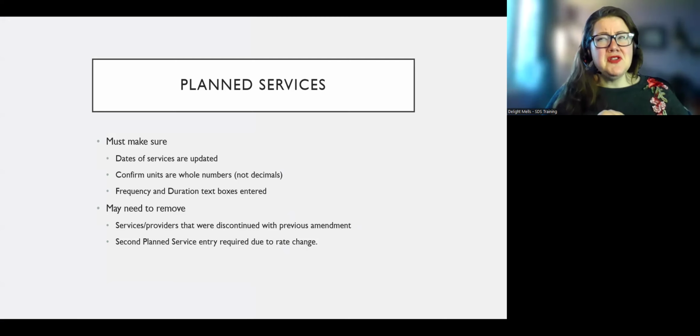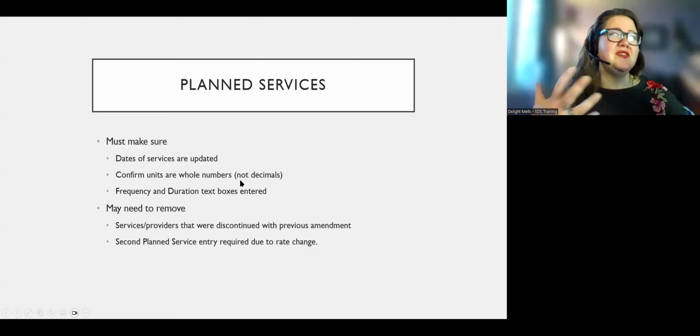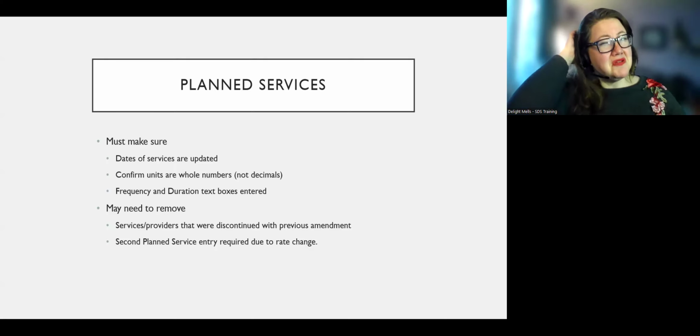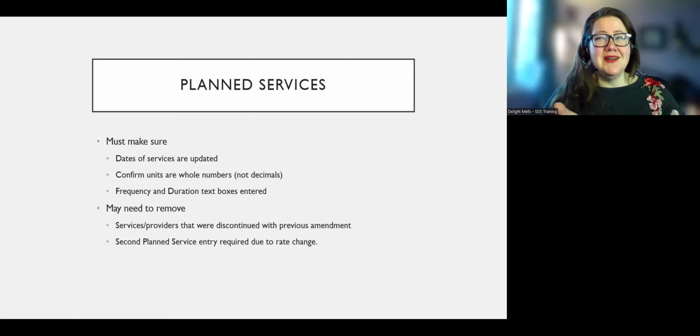Plan services are one of the trickier spots in support plans. When you're working with a short form, you are going to have to make sure that all the dates of the service are updated. Make sure there's no odd decimals, which can sometimes happen when you're updating the plan. It can create decimals, but there's no such thing as a partial unit.